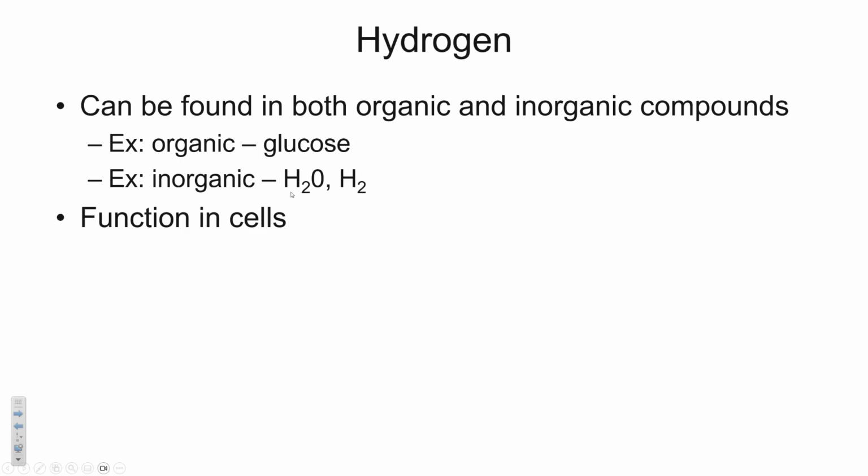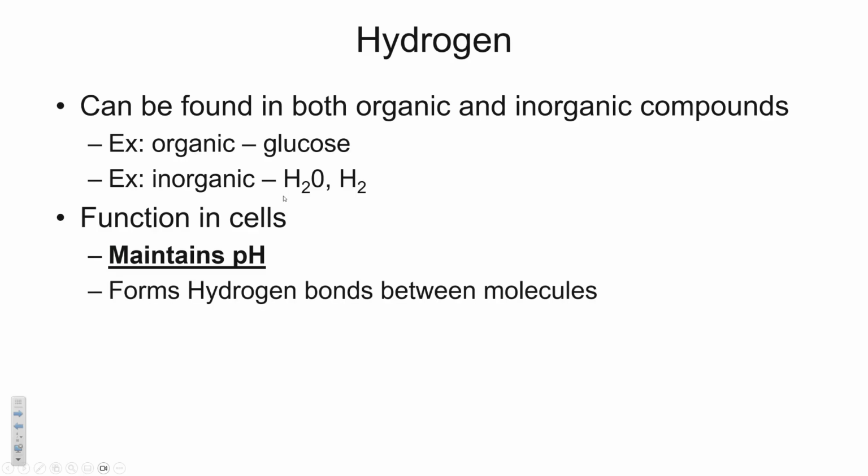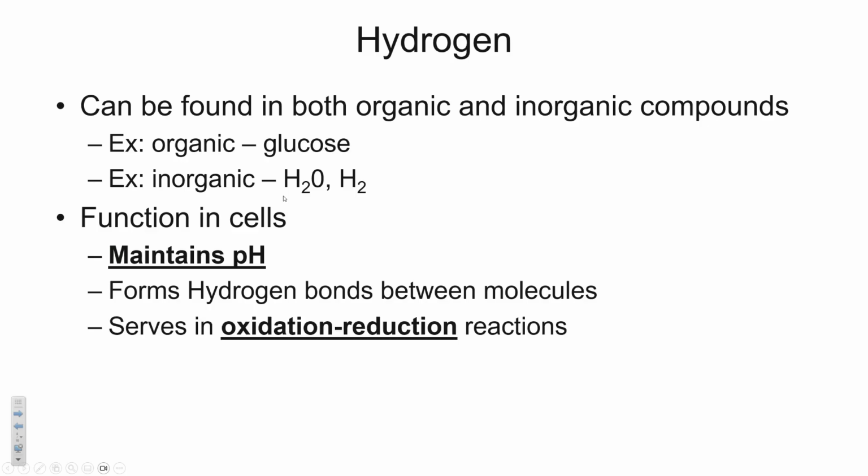And water is going to be one of the main places where you find hydrogen in an inorganic source. But when we look at the function in cells, hydrogen is really important for pH, so acid-base balances. Hydrogen is actually one of the primary things that you're measuring in reference to something that's acidic. Hydrogen is also really important for forming bonds between molecules. These are called hydrogen bonds.